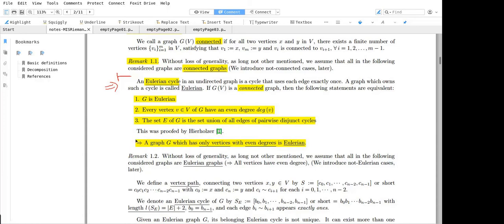Like for the connected case, we also will assume at the moment, at first, to keep it simple, that our graph is always Eulerian. So that means all of its vertices have even degree.